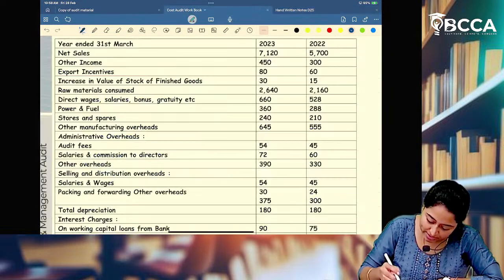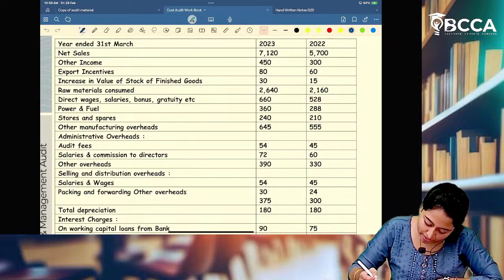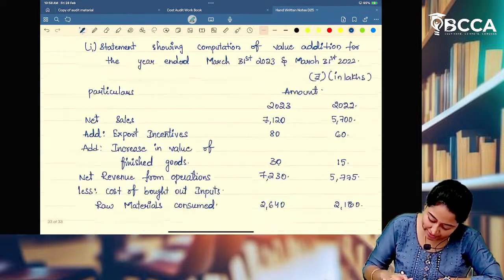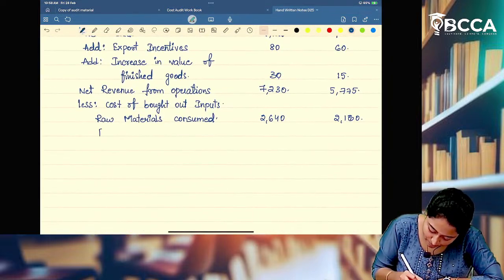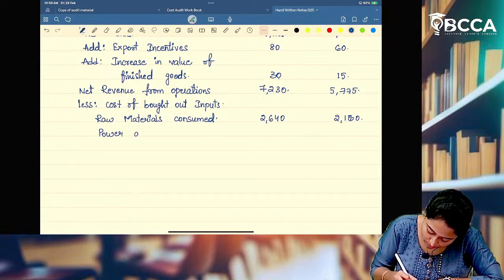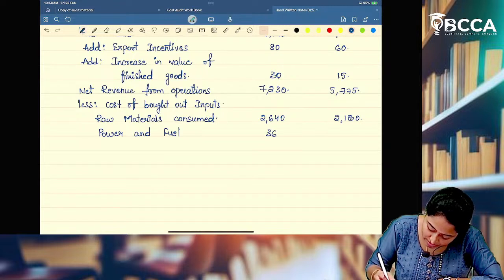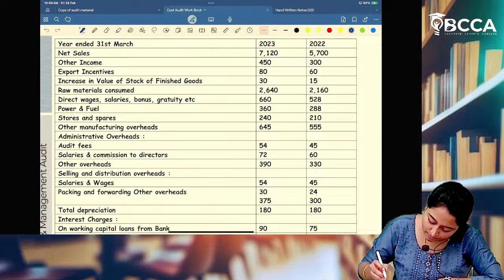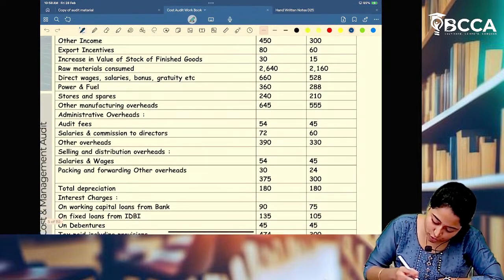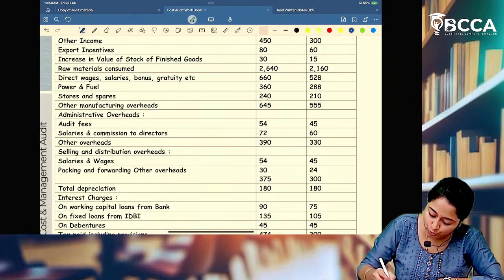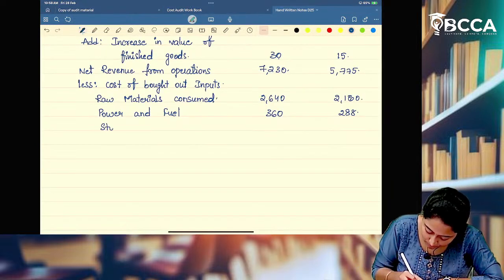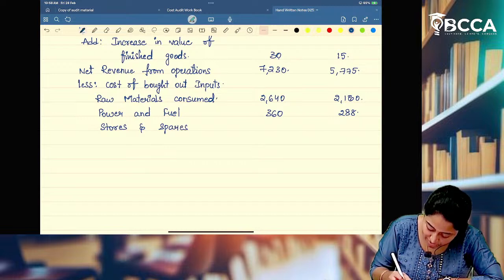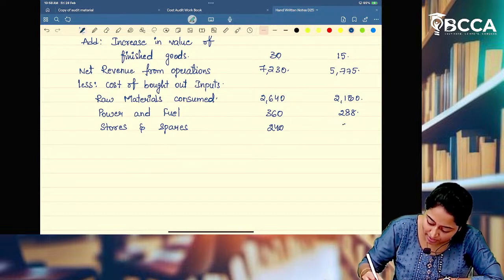Now, next it is power and fuel, $360 and $288. And then we have stores and spares, 240 and 210.